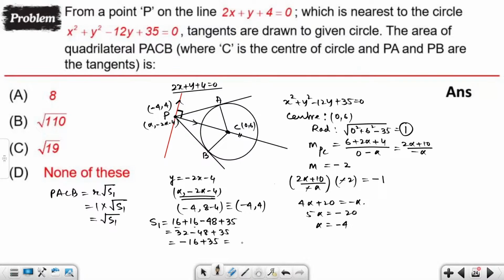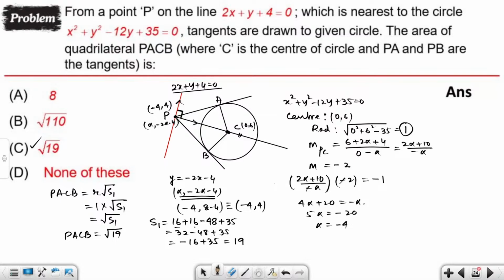That gives us 19. Okay. So this is the power of the point P with respect to the given circle. Therefore, what is the length of the tangent? It's root 19, which is nothing but the area of the quadrilateral PACB. Am I correct? Hence, option C is correct.